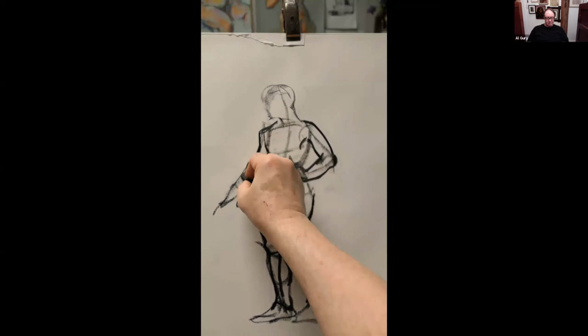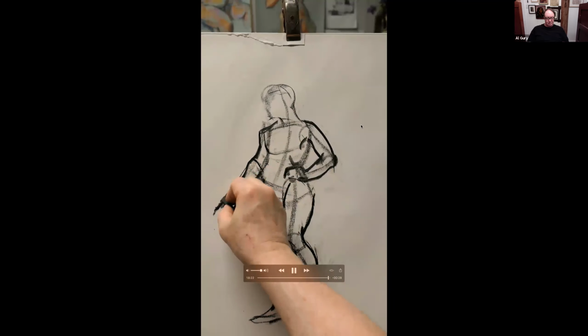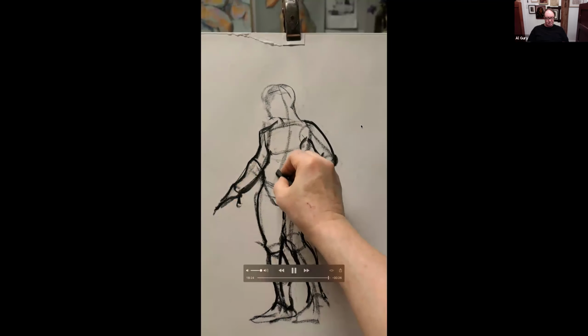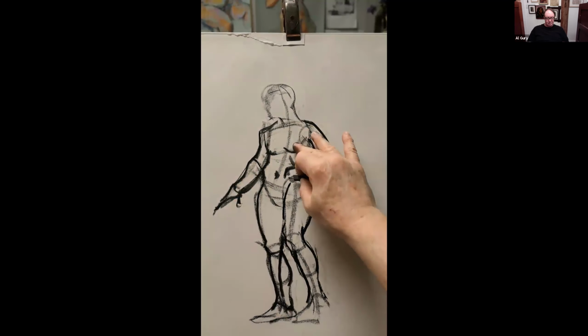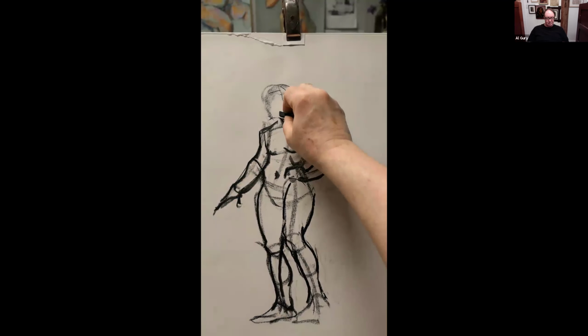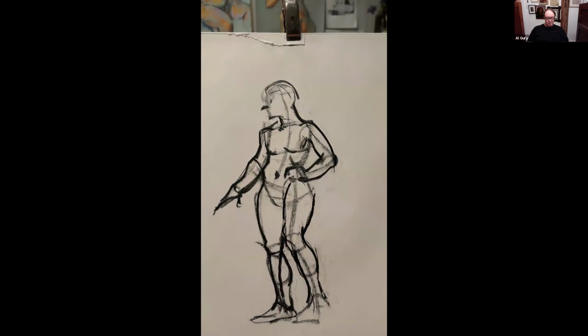So this is, in a way, the kind of thing that a person can actually start with without knowing really any anatomy at all, except that it exists and it can be understood gradually after we begin to understand these simplified constructs of the figure in general.